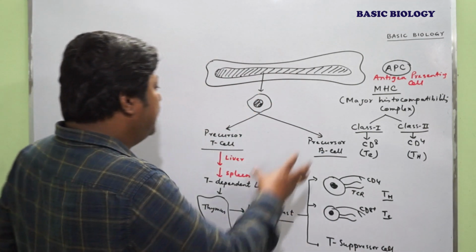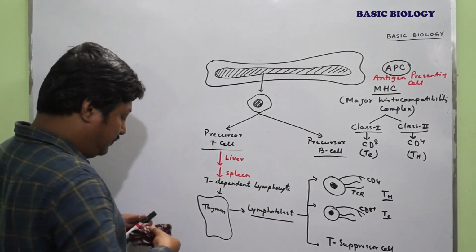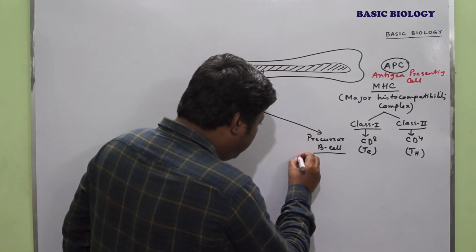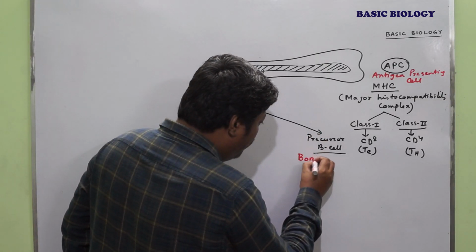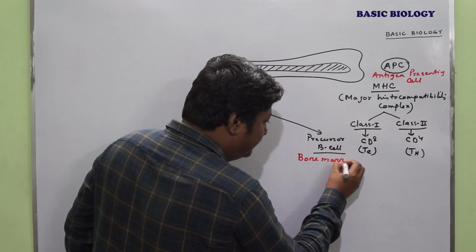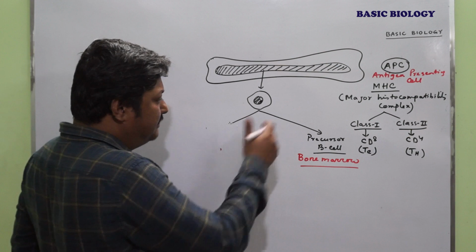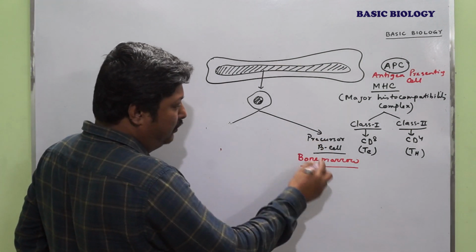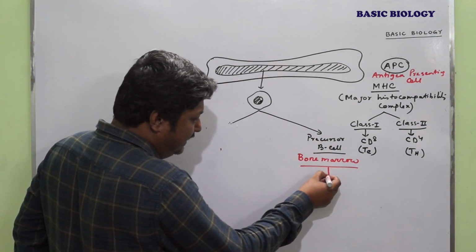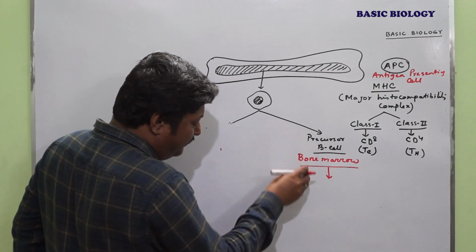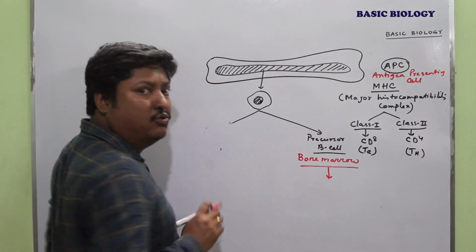Whereas in case of precursor B cell, this precursor B cell originates in bone marrow and matures in bone marrow also. Once it is matured within the bone marrow, the naive B cell is released from the bone marrow into the blood circulation.